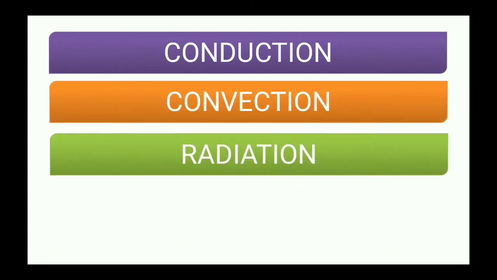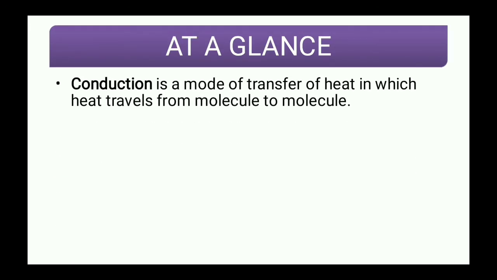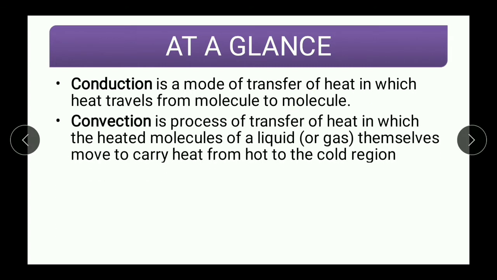Students, I hope you remember what we studied in the last session. We had studied about conduction, convection, and radiation. So what is conduction? Conduction is the mode of transfer of heat in which heat travels from molecule to molecule. Then what is convection? Convection is a process of transfer of heat in which molecules of liquid or gas themselves move to carry heat from hot to cold region.